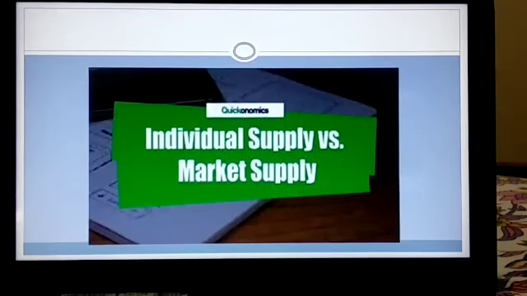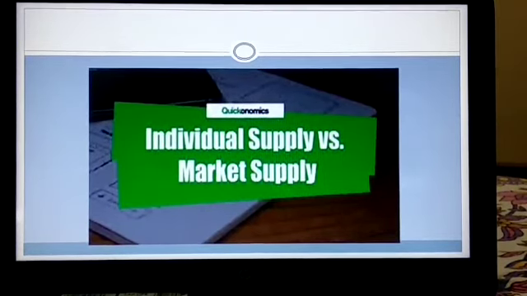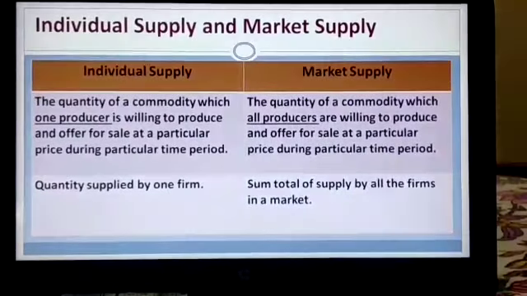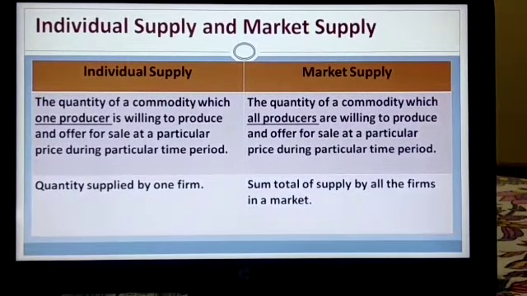There are two concepts: one is firm and one is industry. A firm is one unit and a group of firms is called industry. Keeping this in mind, we do the difference between individual supply and market supply, and we'll also discuss the meaning of it.